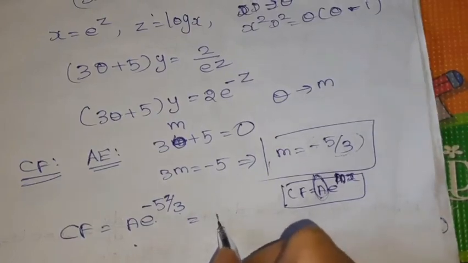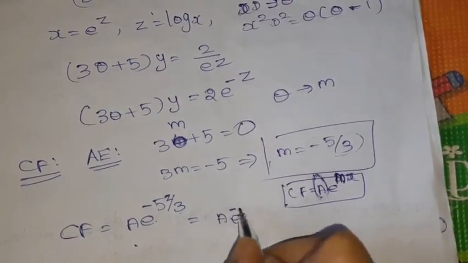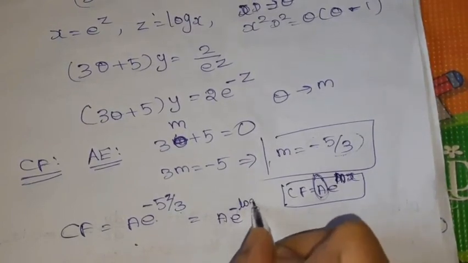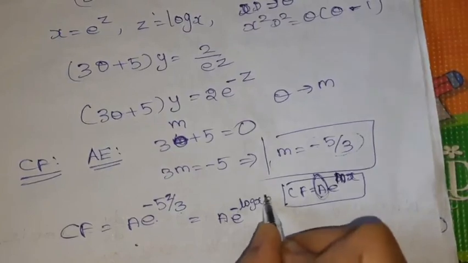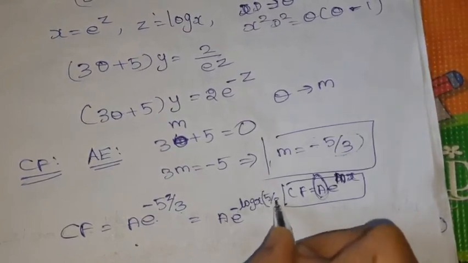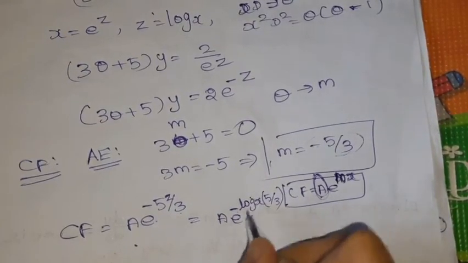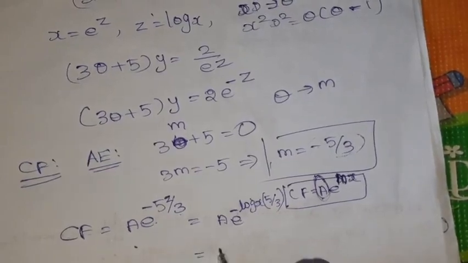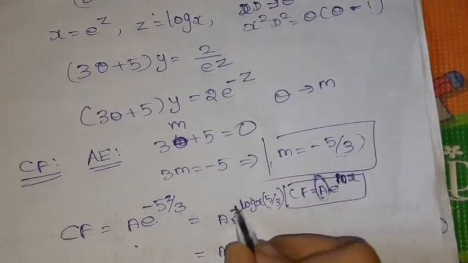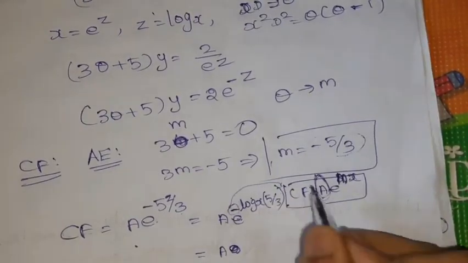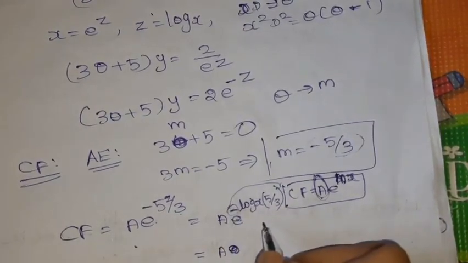A e power minus 5 by 3 log x. This is like the log a power b formula, b log a.